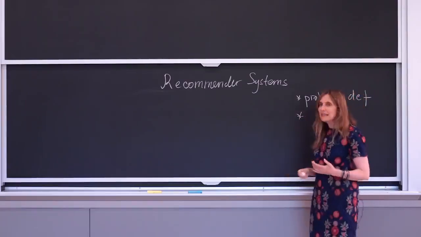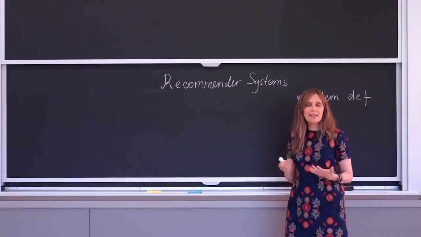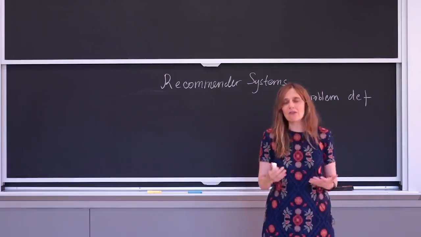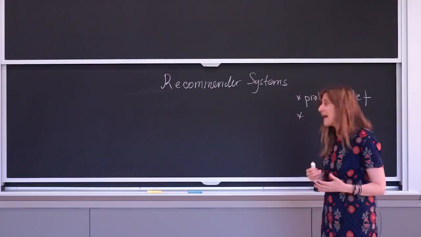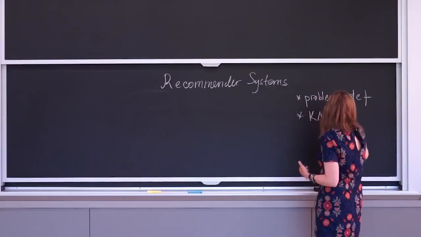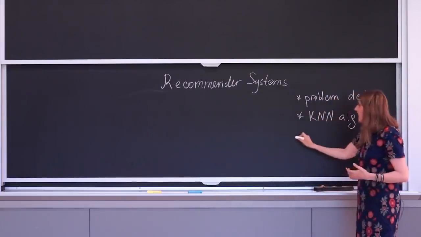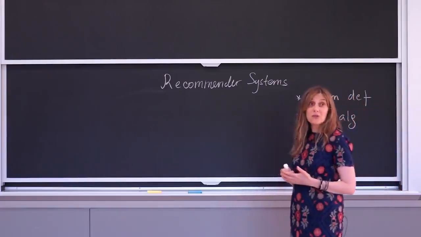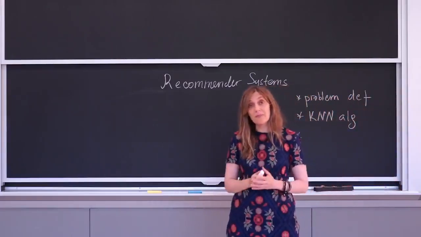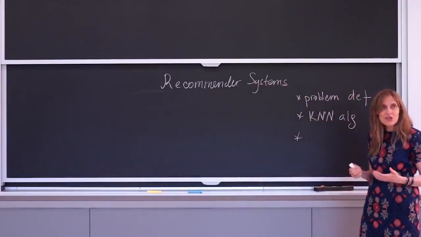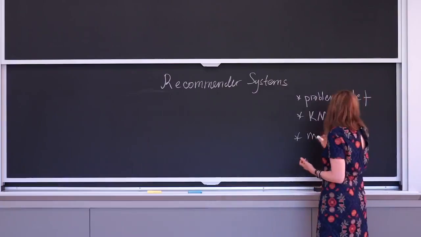Next, we will take a very simple approach, and historically this was the first generation of recommender algorithms. This approach is called the k-nearest neighbor algorithm. And finally, we will talk about the approach which is prevalently used today, and this will be most of our lecture. The approach is called matrix factorization or collaborative filtering.